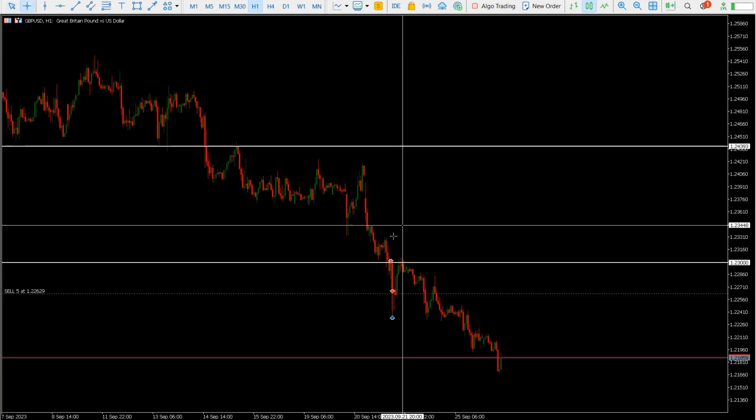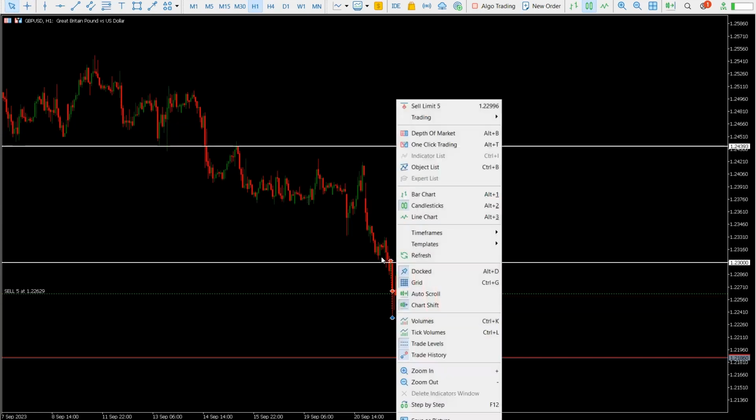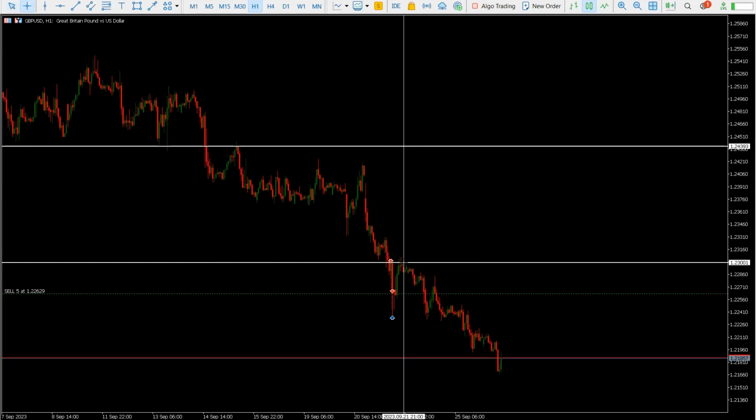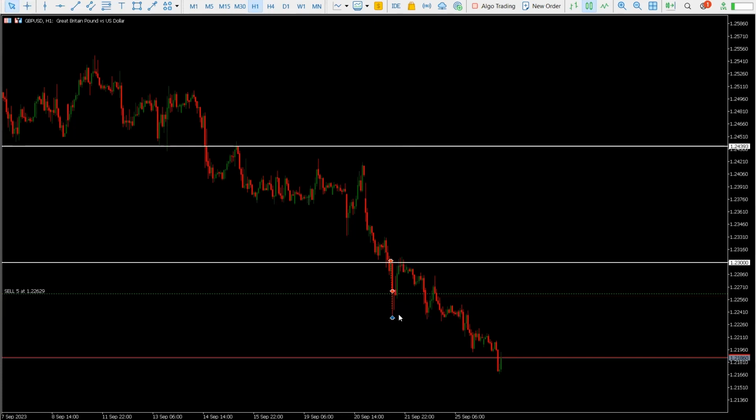Anyways, so the pound had a tough week last week, and just at the end of the week, I was able to grab this scalp here on the news, so it was pretty cool. It was 64, 63 pips.